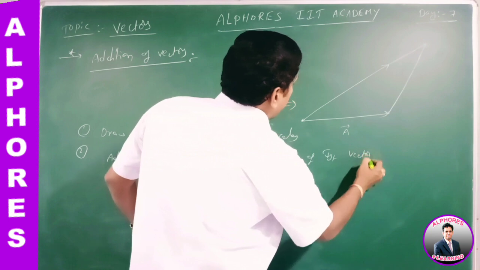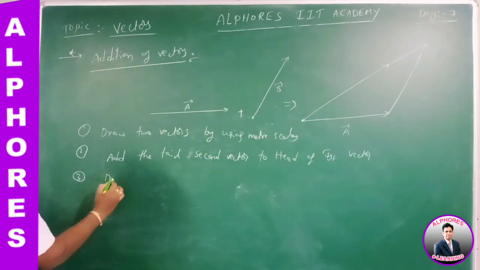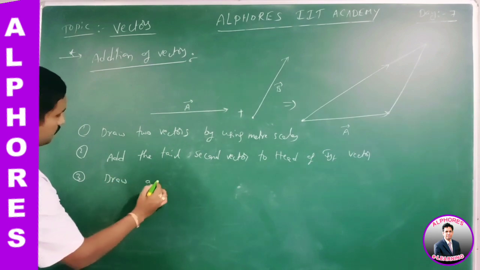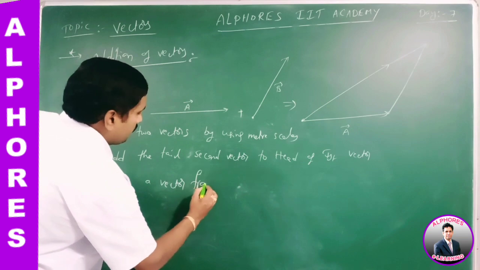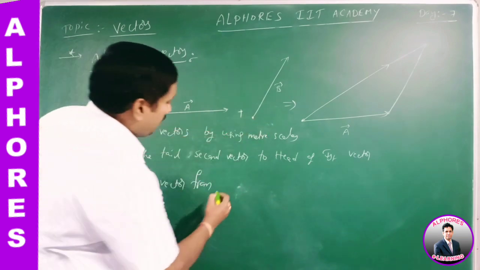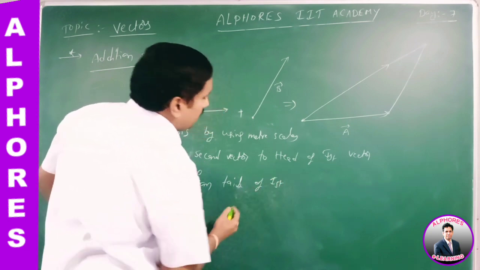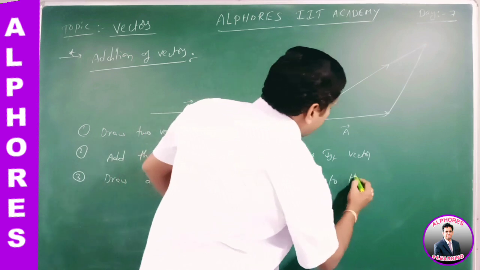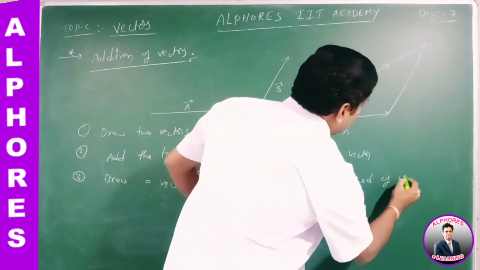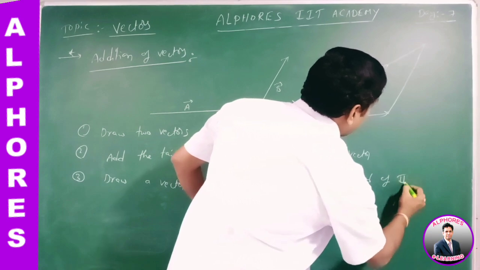And third point, draw a vector from the tail of the first vector to the head of the second vector.